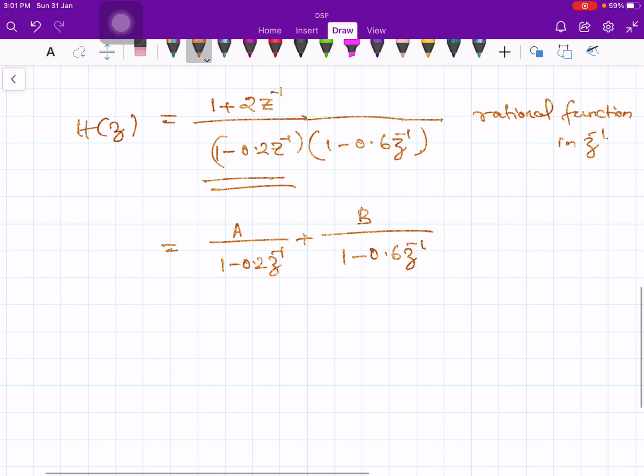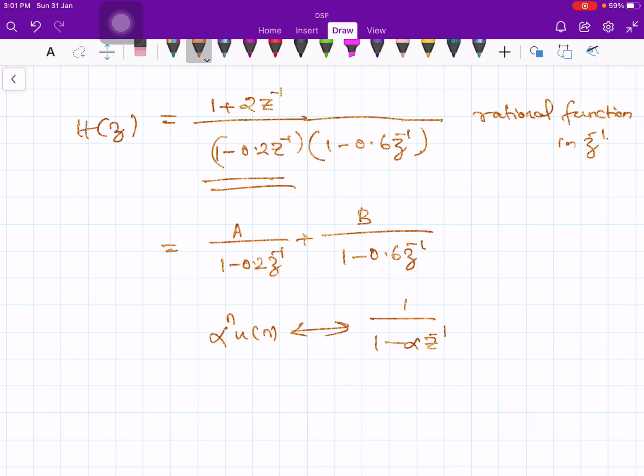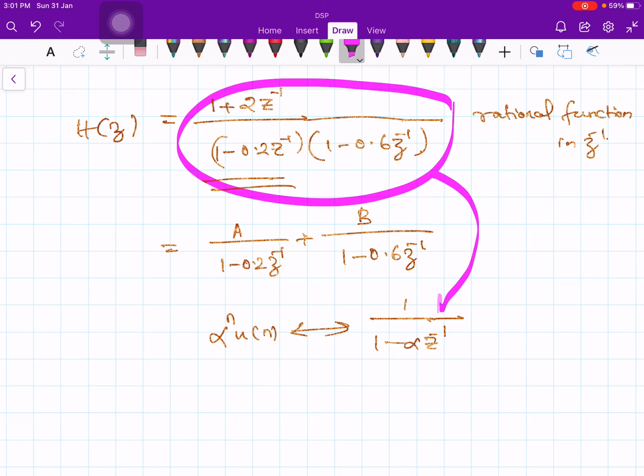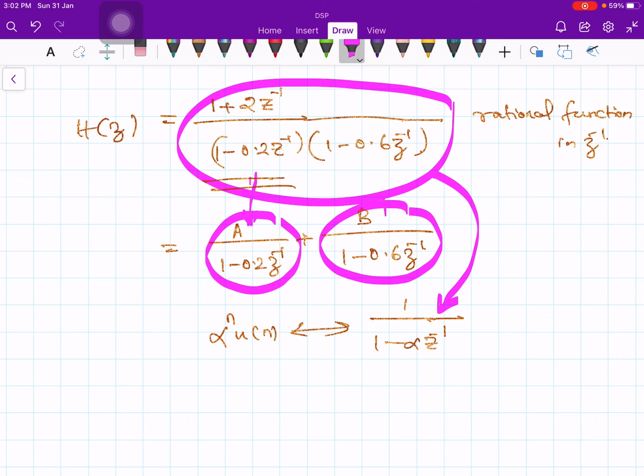Because you know the Z transform of alpha to the n times u of n is 1 divided by 1 minus alpha z to the minus 1. So I need to write this to match this. That is why I took the partial fraction expansion, A divided by this term plus B divided by this term.